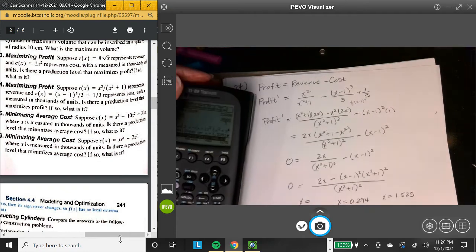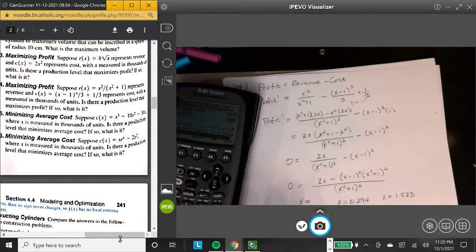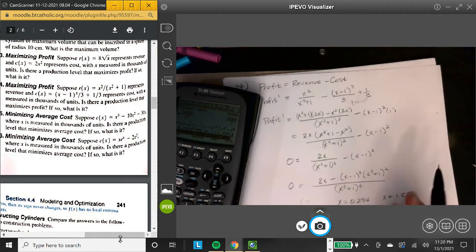Okay, now the question says this is in thousands, right? But I'm still going to do a sign chart because these are not nice numbers. I'm going to put 0.294 and I'm going to put 1.525 on here. All right, now I'm going to plug 1 in because 1 is a nice number in the middle here, isn't it?